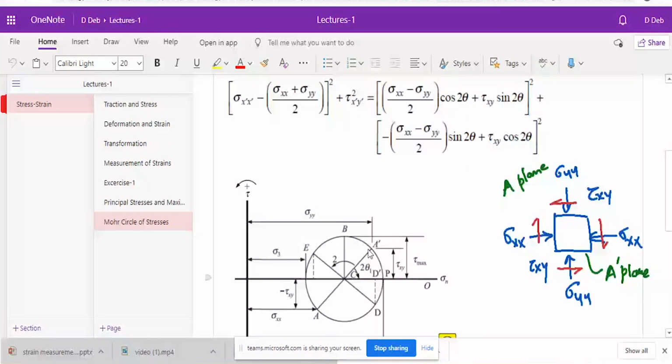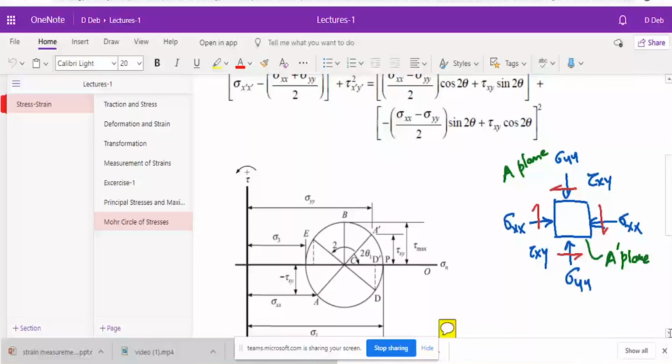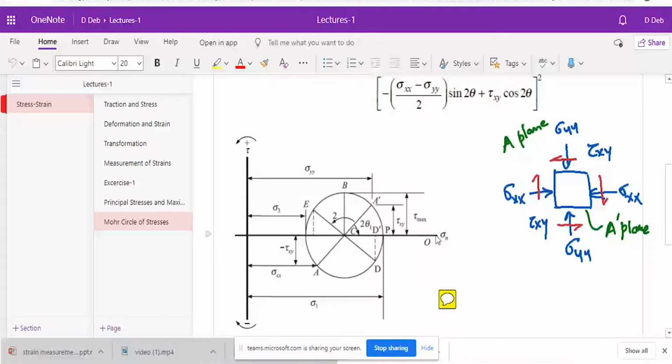First of all, you have to take a graph paper. This is also called the graphical representation of stresses. So whatever the three equations I gave you before, the representation of that in graphical form is the Mohr circle.